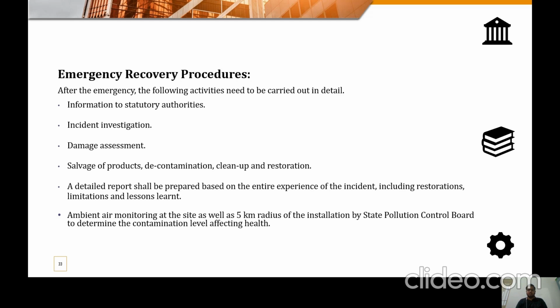We have to prepare a report which includes how the incident occurred, what our limitations were, and what we learned from this incident. Last, ambient air monitoring, which includes air monitoring at the site and within a radius of 5 kilometers, is used to check the contamination level affecting our health.